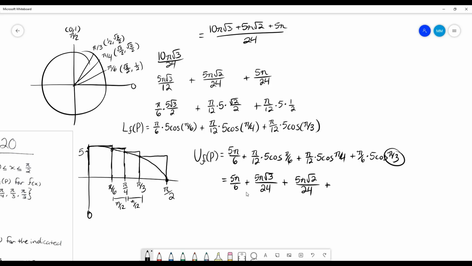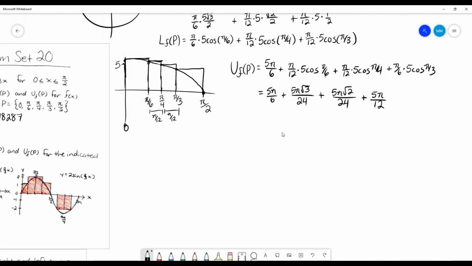And then that's going to be 1/2. So 5 pi over 12. And again, we can find that common denominator, put them together. So it's going to be 20 pi over, oh, no, not over 6, over 24, sorry. Plus this, and then that.